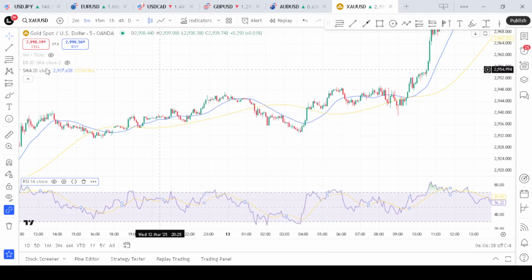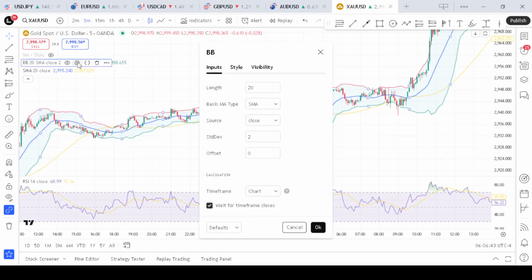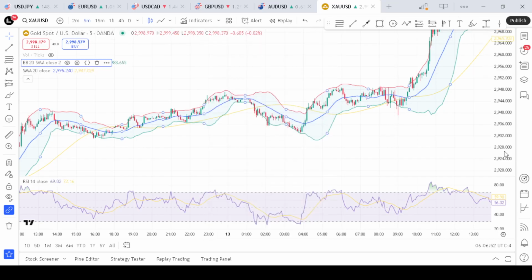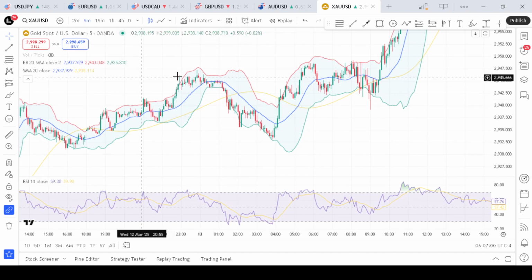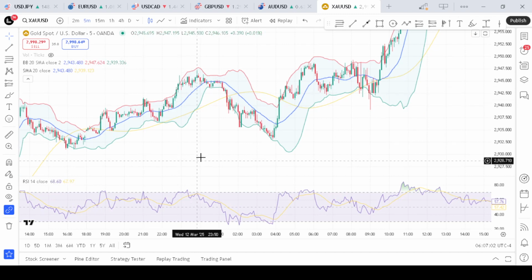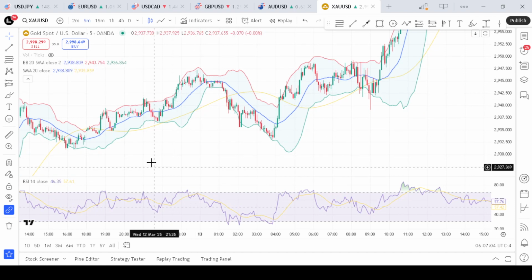You would also have to turn on your Bollinger Band, using a period of 20 and a standard deviation of 2. Now, these indicators will form the backbone of your analysis, helping you to identify trends, momentum, and potential reversals when trading this gold 5 minute strategy.